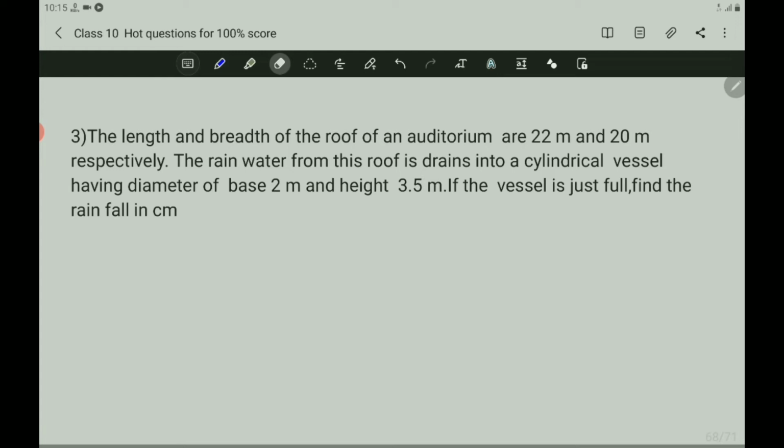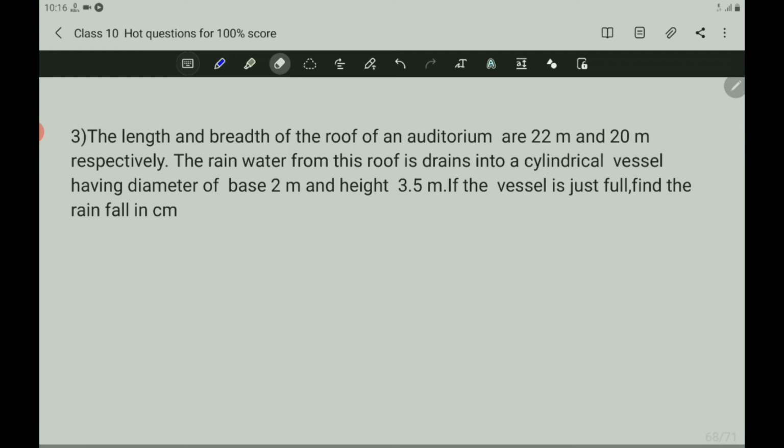Here you have to notice that the volume of the water collected in the roof of the auditorium is equal to the volume of the cylindrical vessel.